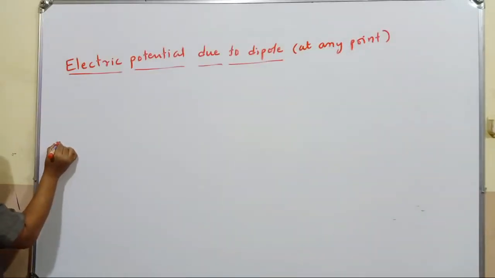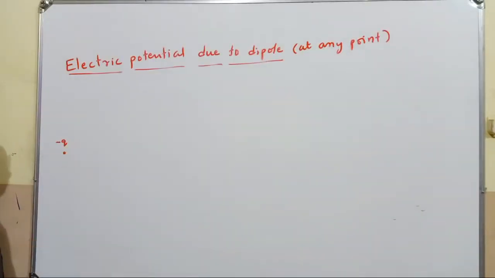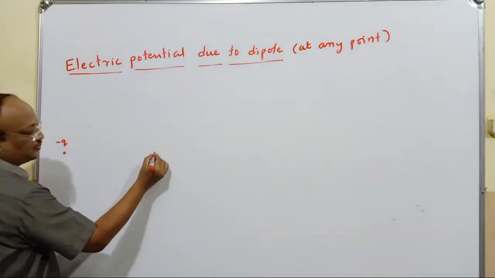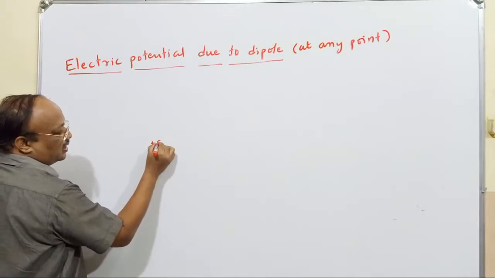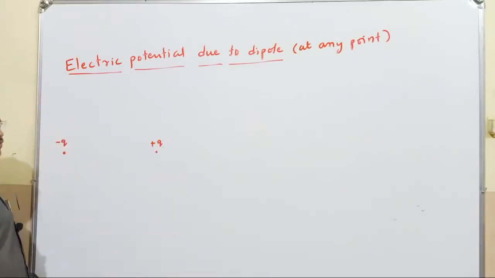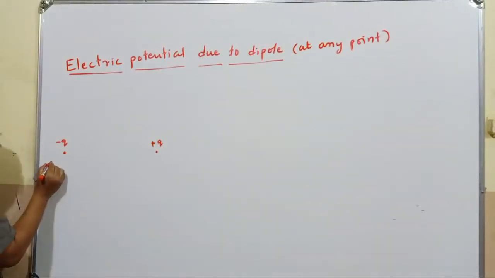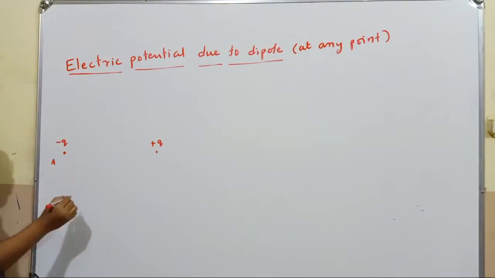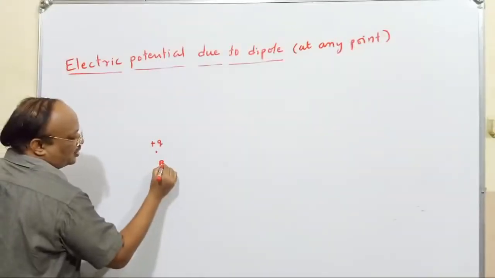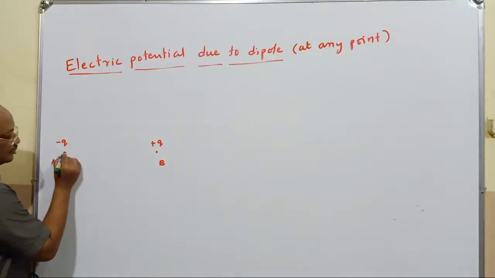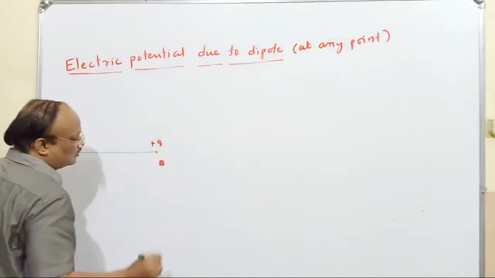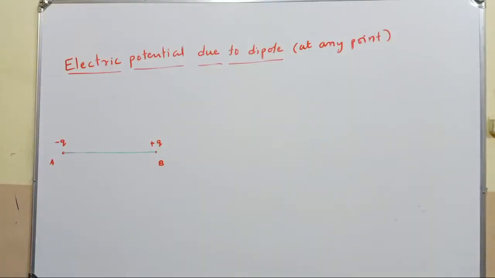So this is one charge, minus q. This is the other charge, plus q. Its position is A, its position B. This is our dipole length.